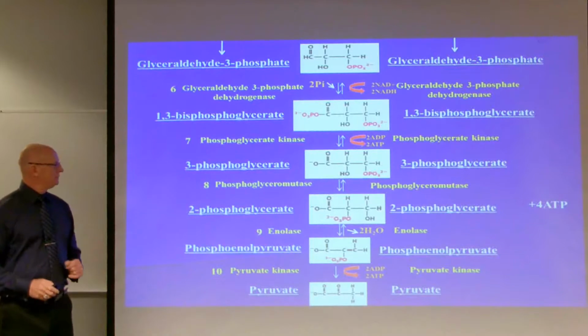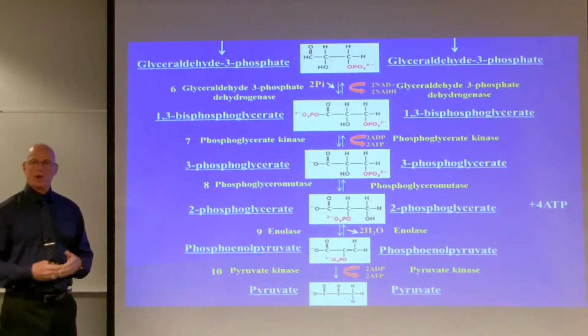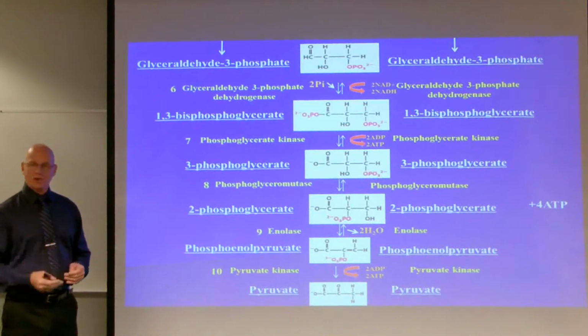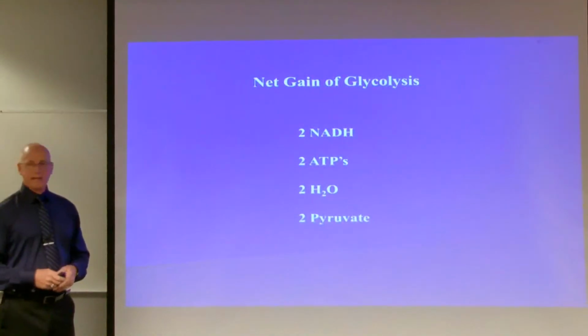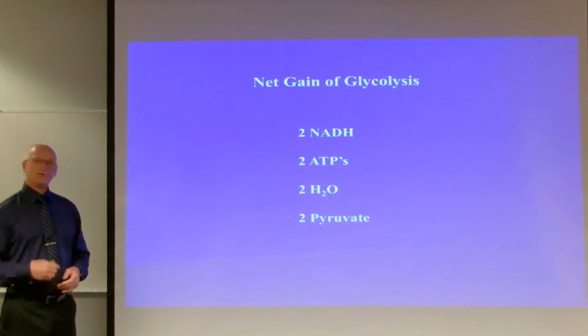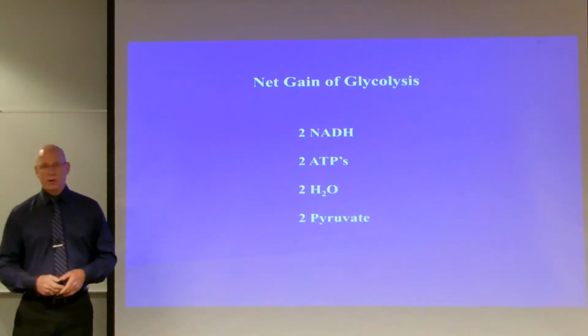So with that being said, we have 2 molecules. The end result, we take a 6-carbon molecule of glucose, and our end result in glycolysis is 2 3-carbon molecules of pyruvate. And the net gain in glycolysis is 2 NADHs, 2 ATPs, 2 molecules of water, and 2 pyruvate molecules.